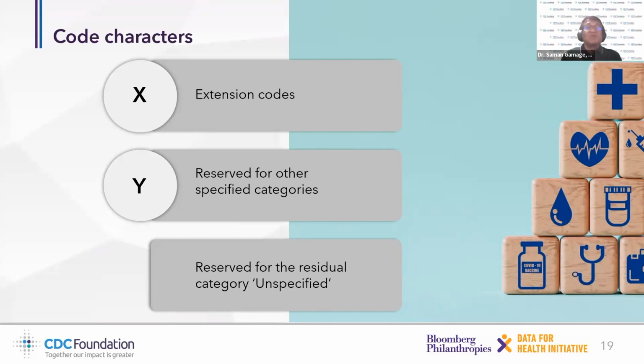Y is reserved for other specified categories, and Z is reserved for the residual category unspecified. Other specified is indicated by Y, but it's not the first character. The residual category unspecified is indicated by Z.